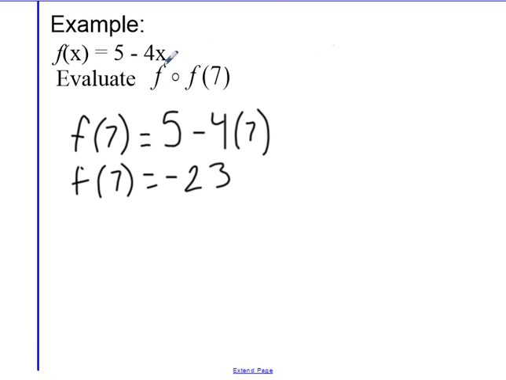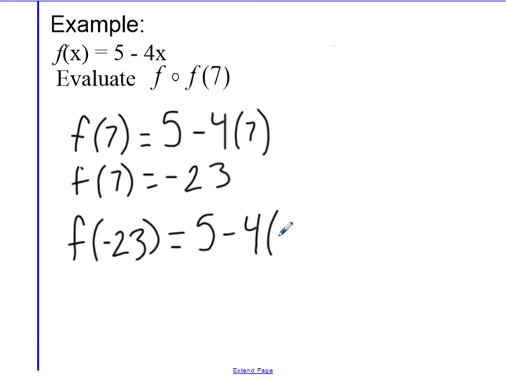But it's f of f also. So we're going to have to take that negative 23 that we got from working out the instructions right here, and plug it back into the f's x. So this negative 23 needs to get plugged right back in here again. 5 minus 4 times negative 23.